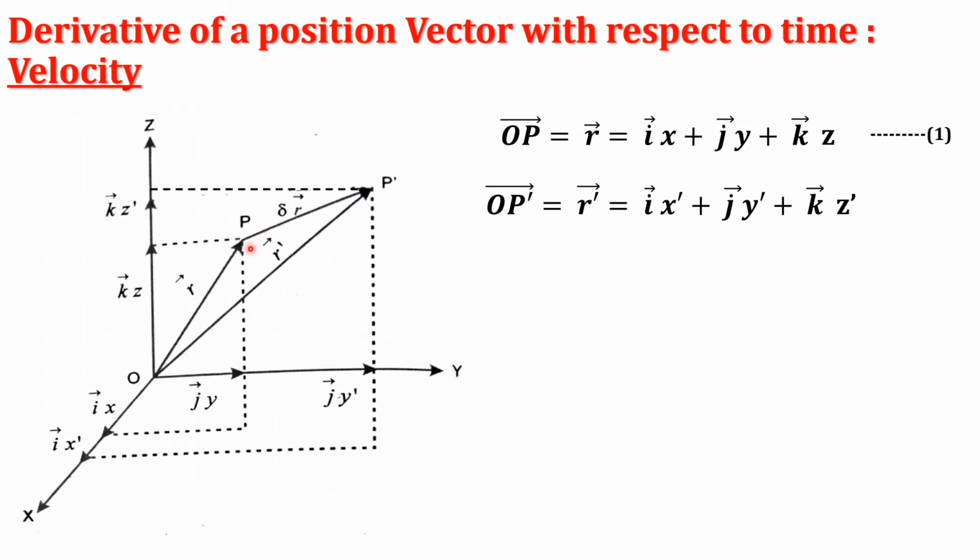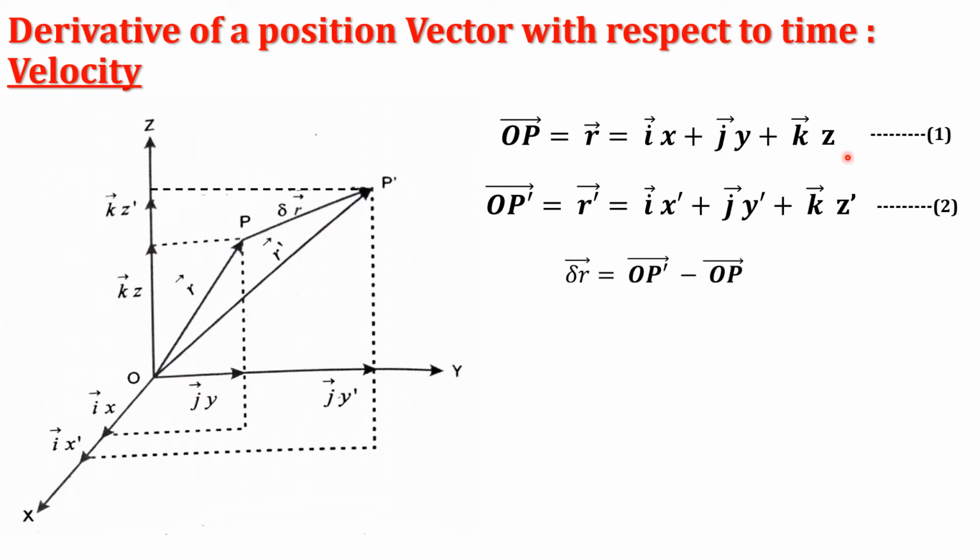And therefore, as the particle displaces from point P to P dash, the time changes, and the change in time is delta t equal to t dash minus t, and the change in displacement, vector delta r, is given as OP dash minus OP.